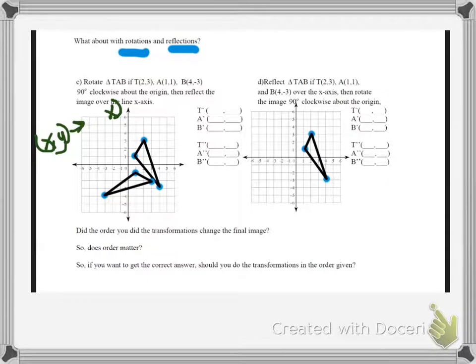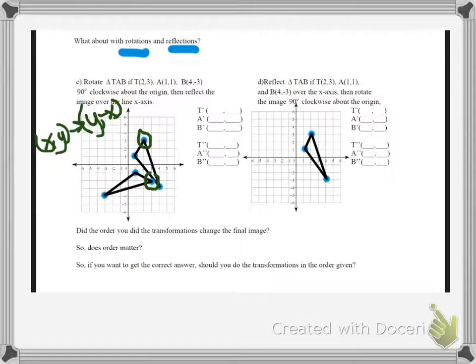The x value here for this point is 2. It changes sign to become the new y value, so negative x. The y value is 3, that becomes the new x value. So there we go. There's the rule for 90 degrees clockwise around the origin.